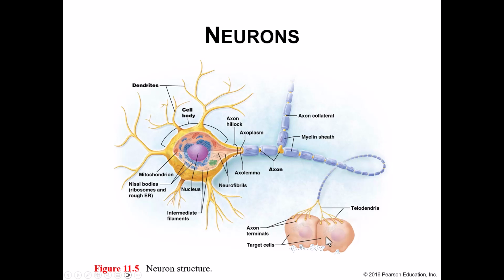And so with the nervous system, unlike our neuromuscular, we're not going to just look at the nerve and the skeletal muscle. We're going to be looking at different synapses and all the different types of cells that can form synapses with a nerve cell. And then these branchings at the end of the axon are called our telodendria.